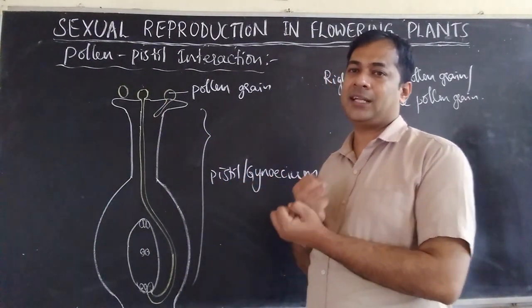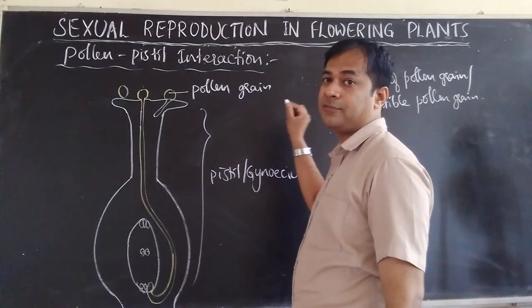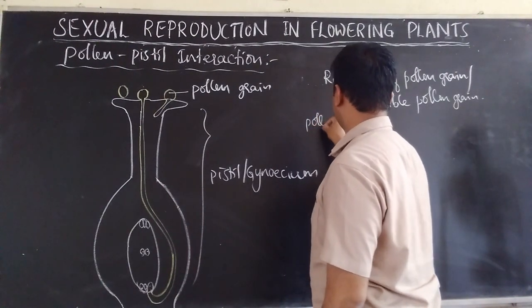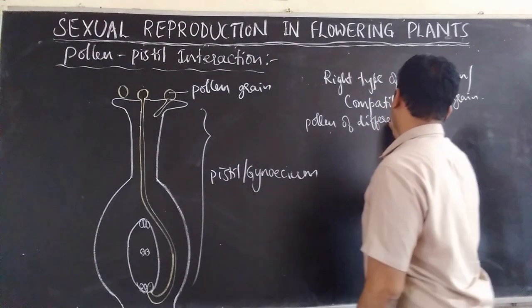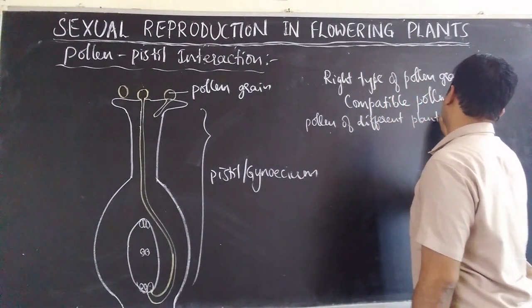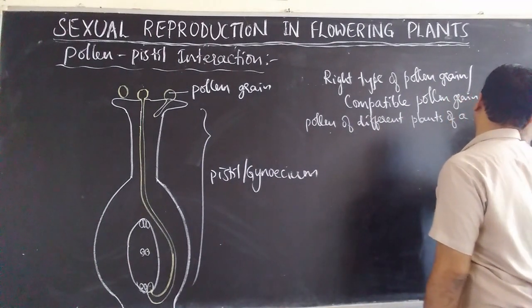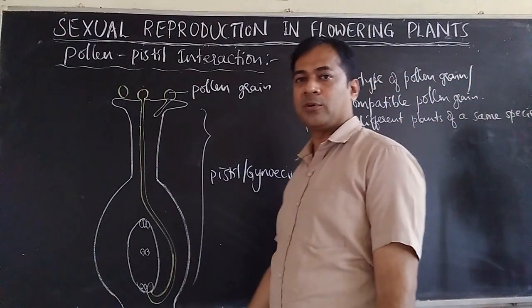It means pollen grains of different plants of the same species, like rose on rose. The pollen grains of rose on the stigma of rose only.